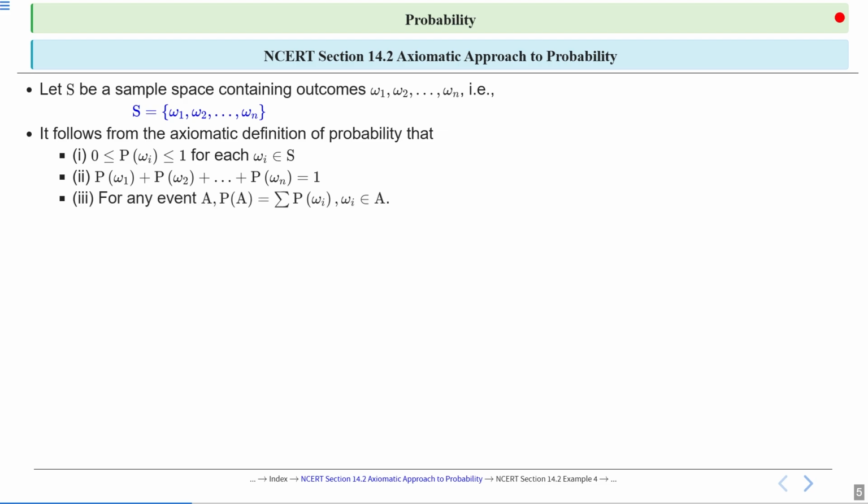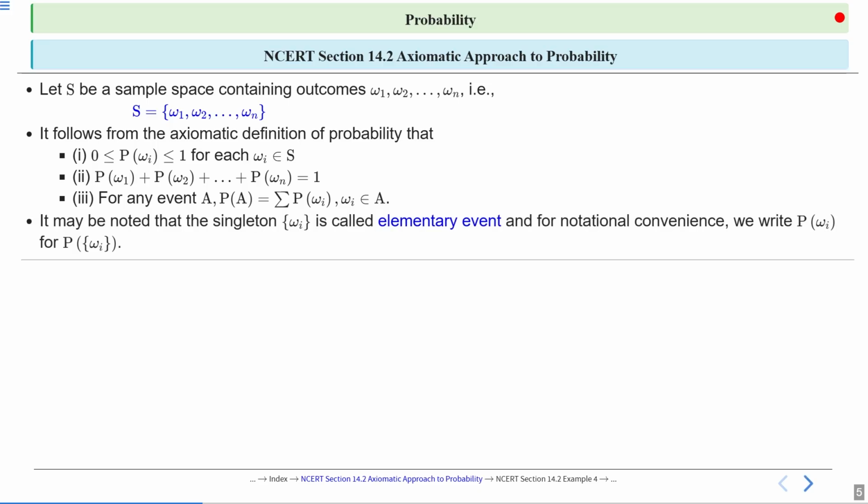And it follows from the third axiom that for any event A, P of A is equal to the summation of P of omega i, where omega i belongs to A. Okay, clear?